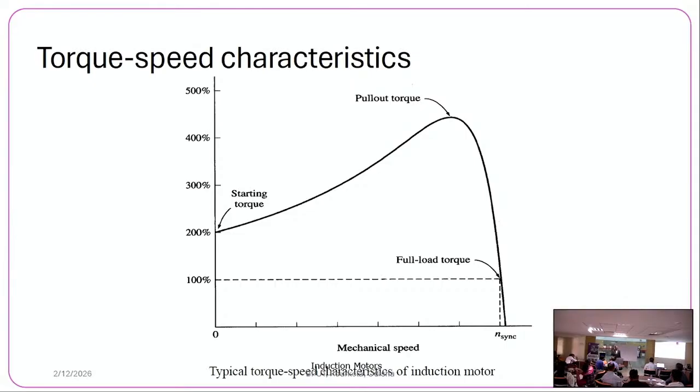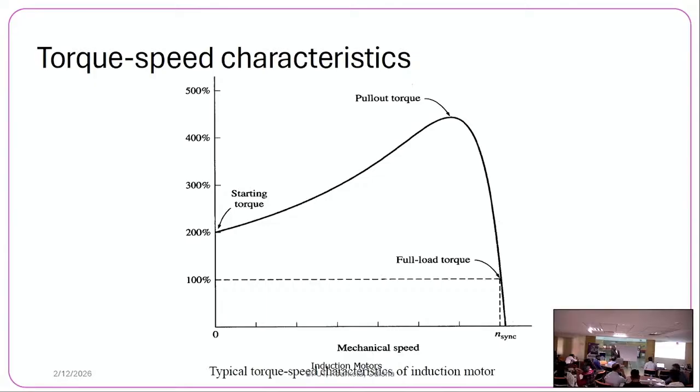The maximum torque is developed at this point. After that, this part is the stable region, and finally the motor rotates at a speed given by this point, with this load torque.